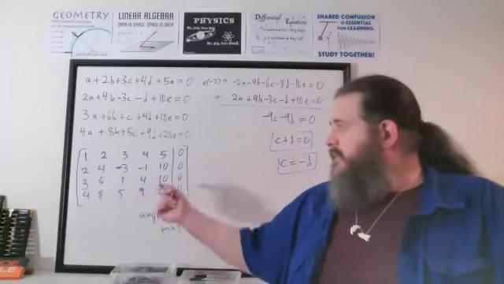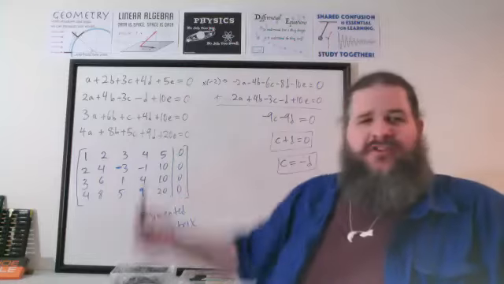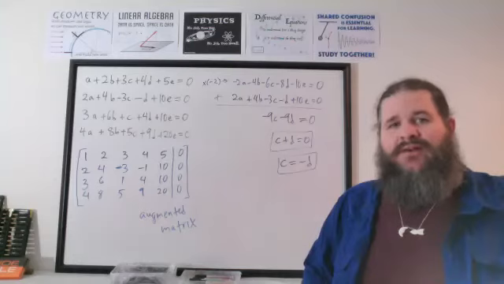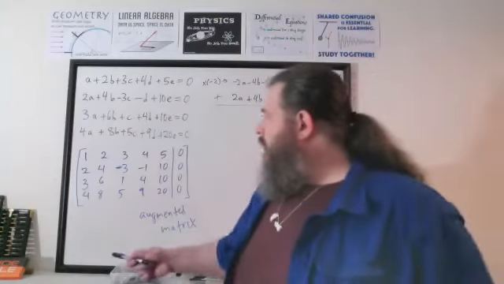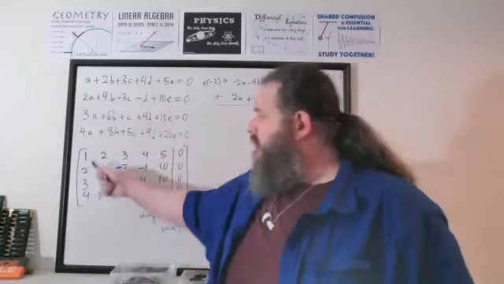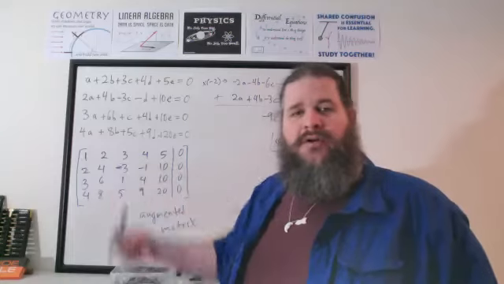And this really does represent the exact same information as the system of equations. We're just leaving off the variables. Instead of writing the variables as symbols, we're essentially representing it as place value. For instance, this 3 is interpreted as a coefficient of C, the third variable, because it's in the third column.